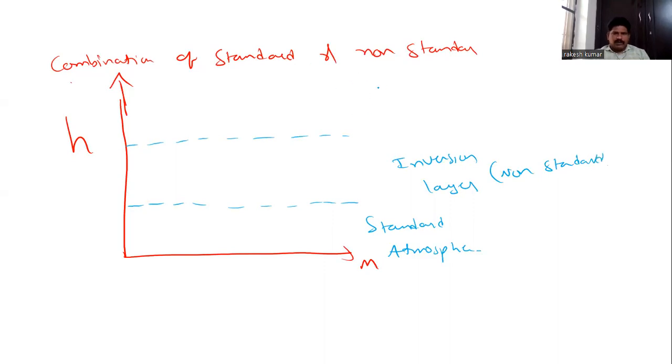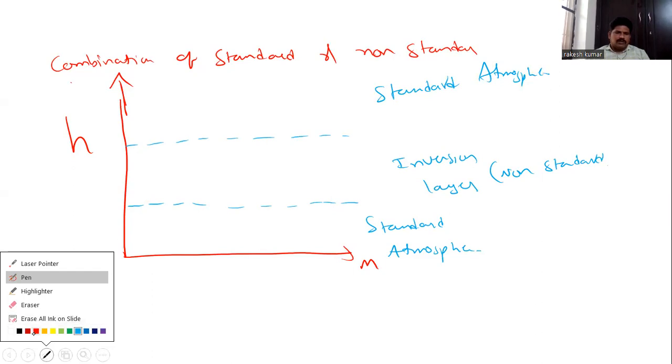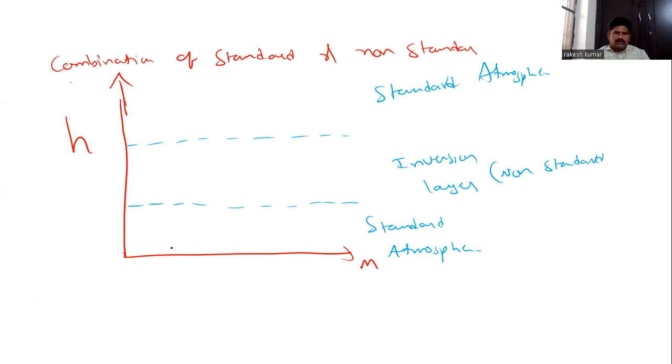And again from here it is standard atmosphere. Now how will my graph be? For standard atmosphere, my graph will have a positive slope. For the inversion layer of non-standard atmosphere, my slope will be negative.